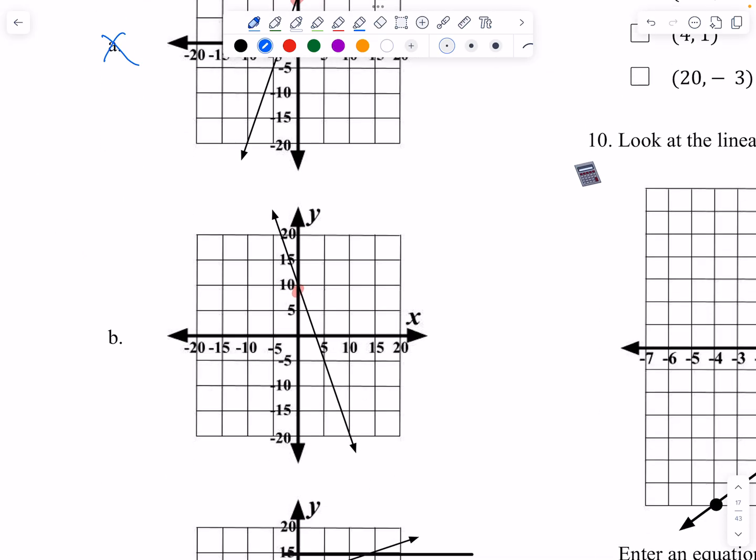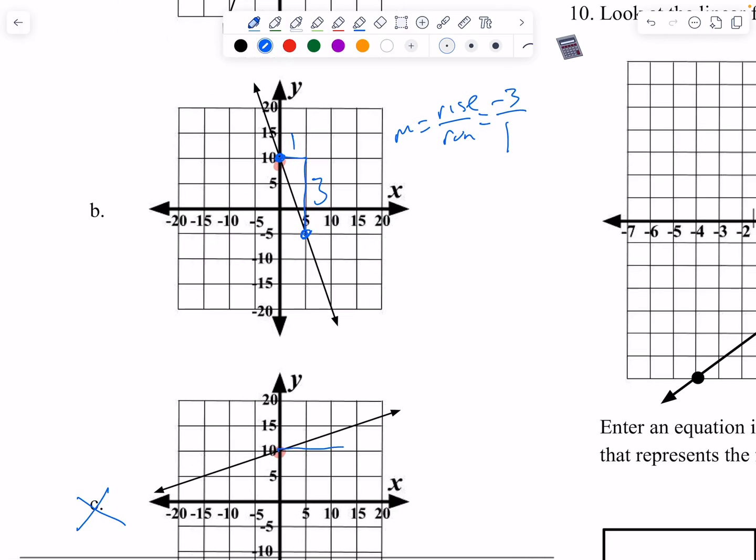In this case, if I look at these two, they're really close. I went 3 and 1. Remember, M is rise over run. So this one is negative 3 over 1. And if I do this one, it's pretty close. It's 1 and 3. So now it's rise over run.